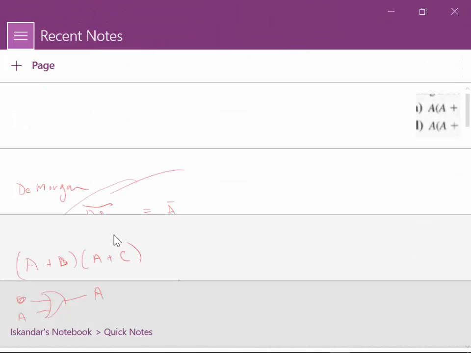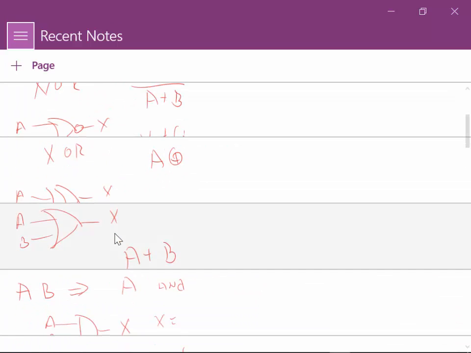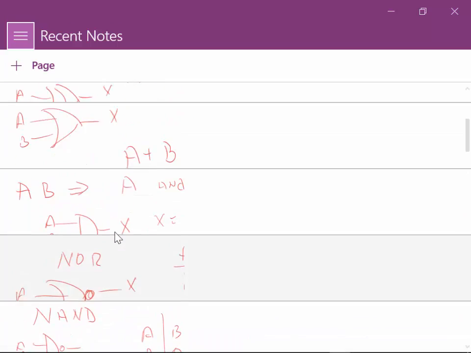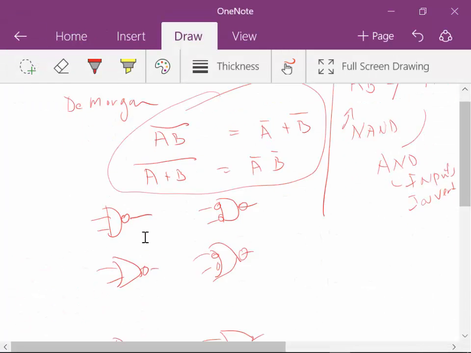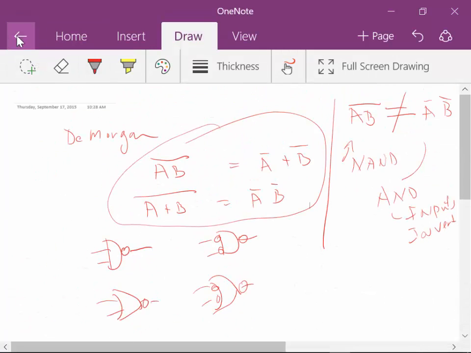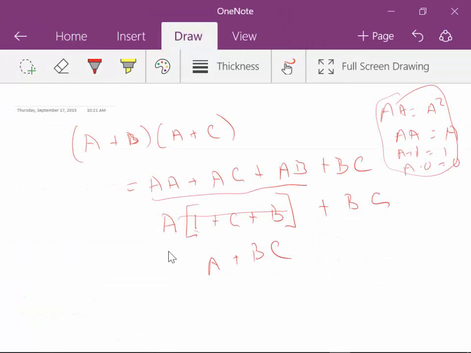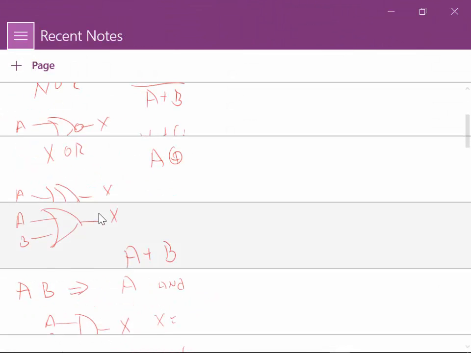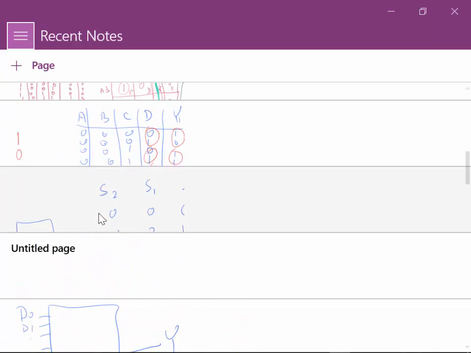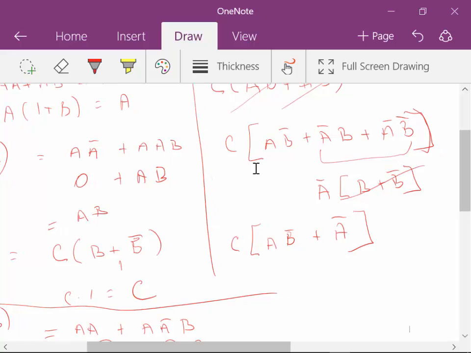I know I have the slide here somewhere. Should be the one right before the De Morgan's.